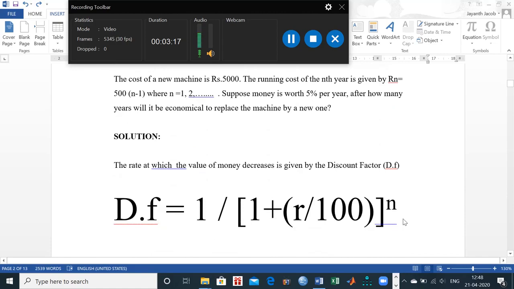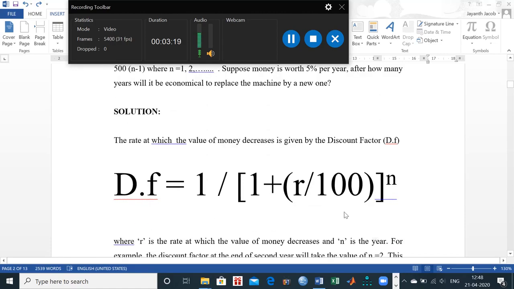Now I guess you must have taken down this problem, and when we use this rate of interest in considering time value of money, we will use this formula, which is called the formula for discount factor. You could probably take this down: the discount factor is equal to 1 divided by (1 plus r by 100), the entire denominator raised to the power of n.